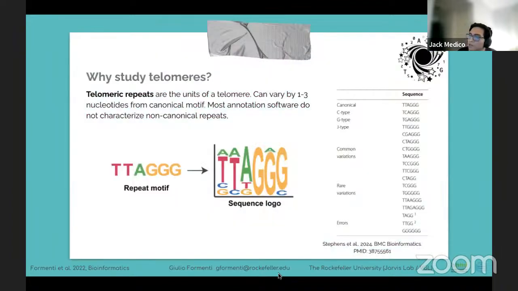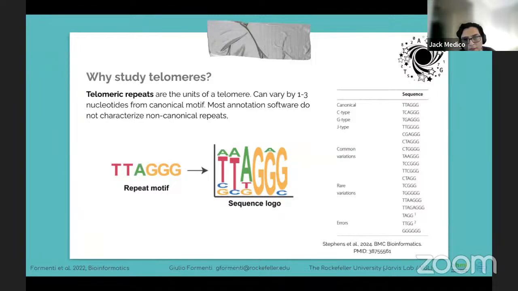Okay. So the way telomeres have been studied in the past decade was essentially just exploring this canonical repeat motif, TTAGGG, which is the canonical motif in vertebrates. Depending on the group, you can have a different motif. Like in plants, it's different. In C. elegans, it's different. But also in the 80s and 90s, there were other repeats that were identified in humans.